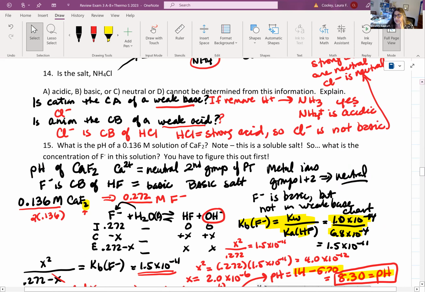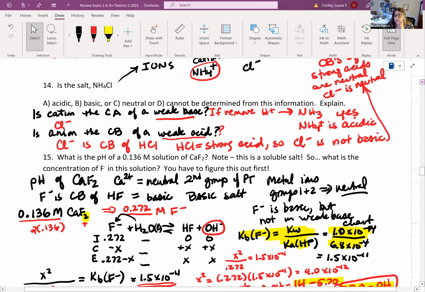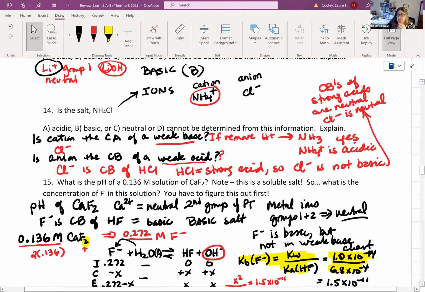See, it says it up here. Because the stronger the acid, the weaker the conjugate base. Gotcha. So the anions of strong acids are so weak that they're not basic. Got it. They're such weak bases that they're not bases. Yeah.